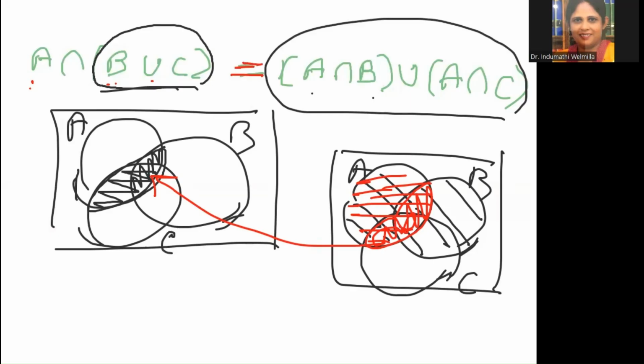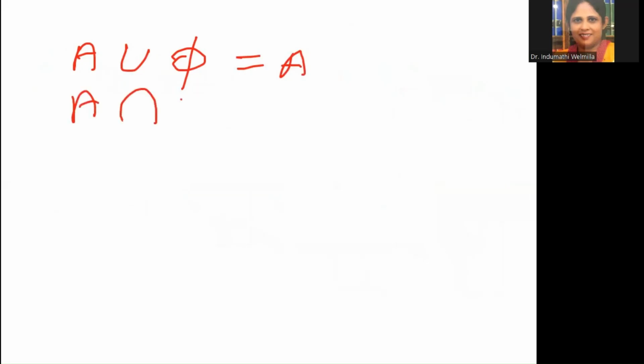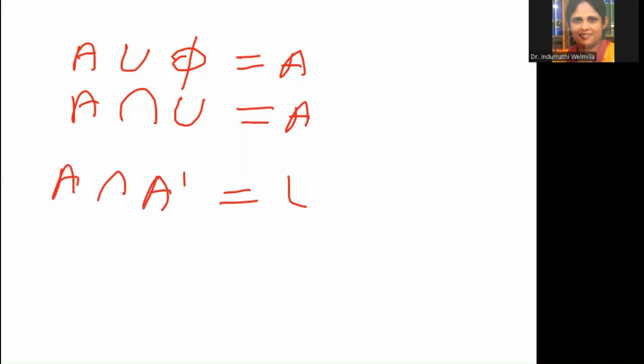And one more property is the identity property. According to the identity property, A union empty set is equal to A, and also A intersection universal set is equal to A. And according to the complement property, A union complement of A is always equal to the universal set.